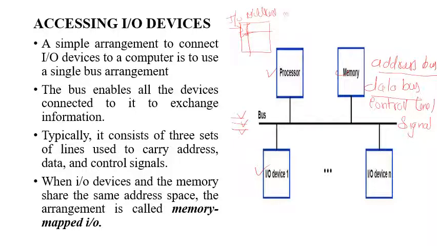Let us assume one memory location, for example 0x200. If this same address corresponds to the IO device and also to some memory, this kind of arrangement is called memory mapped input output.